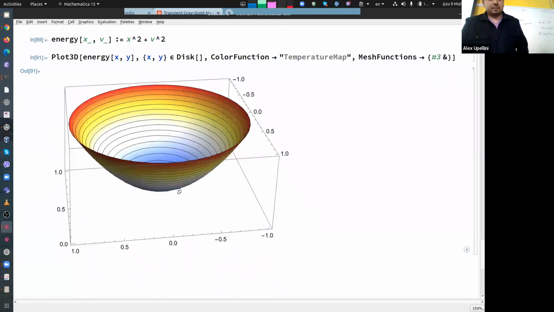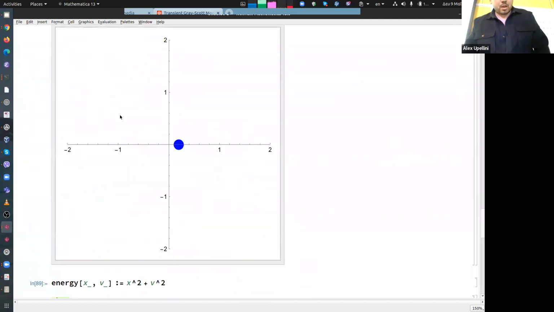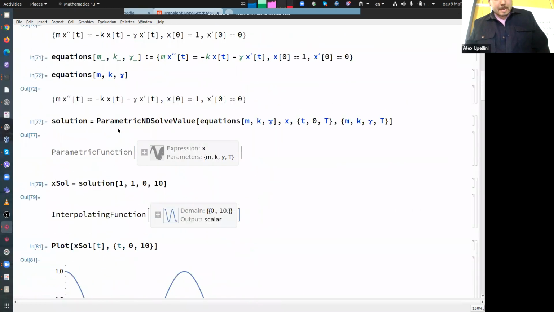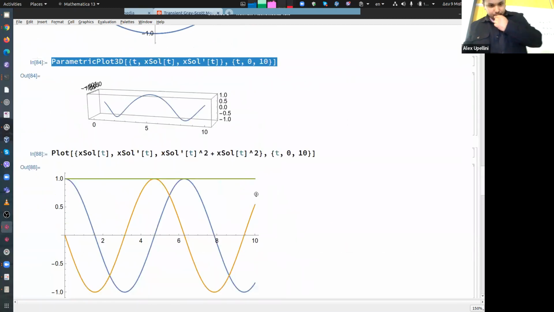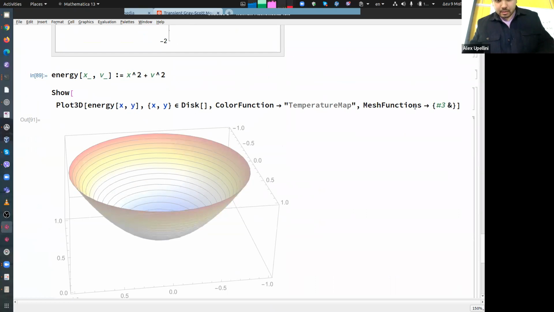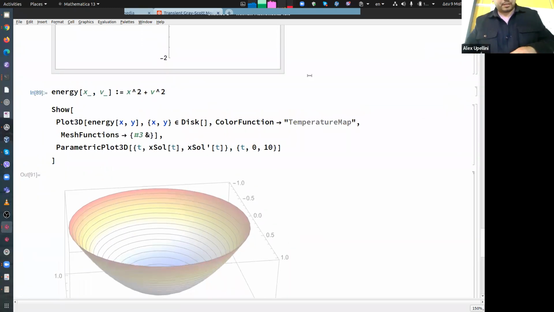I can plot it if you want. I'm going to say Show this with my ParametricPlot3D, which is this one. Plot that here. So the Show command allows you to superpose different plots. And here is energy of those two.